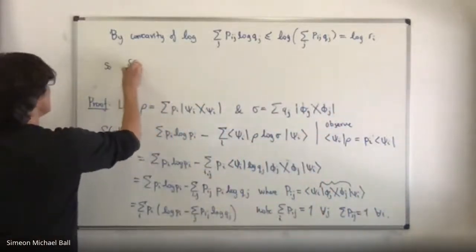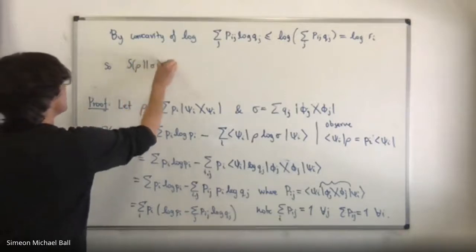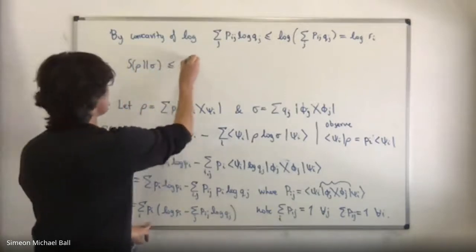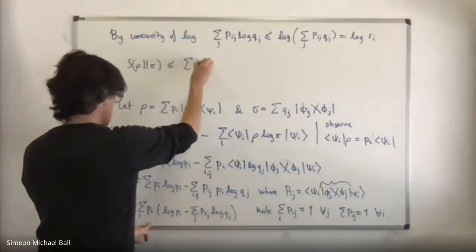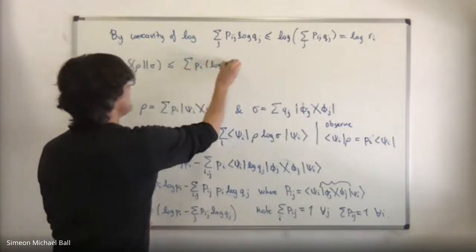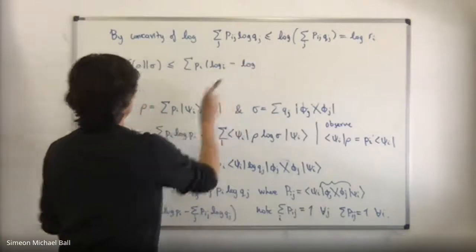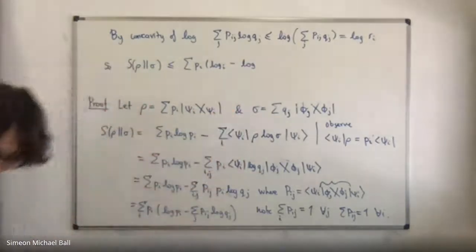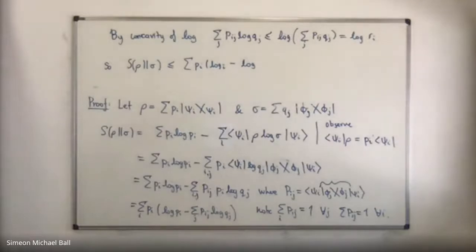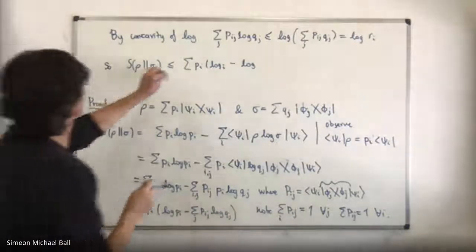So we've still got this, Pi log Pi, and now I've got minus log. And of course this is negative, so presumably I should be choosing this one the other way.